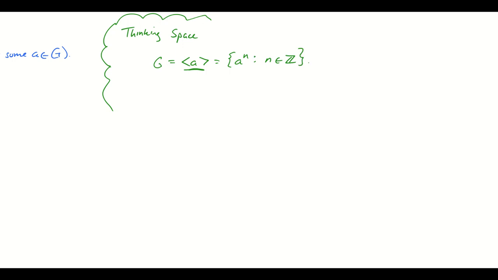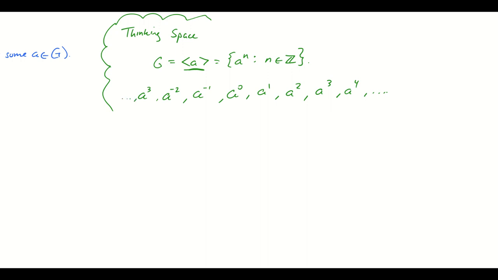So if that's the case, then G is going to look like one of these pictures. It's either going to look like a bunch of powers of a where there are no repeats. So remember, you have to have both positive and negative powers of a, and of course the zero power, which is the identity.